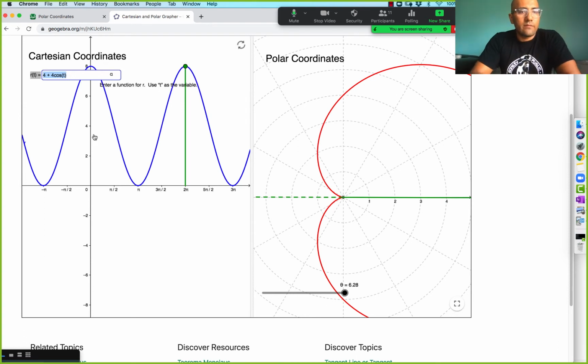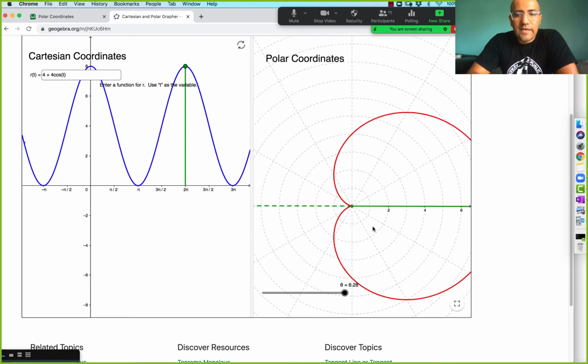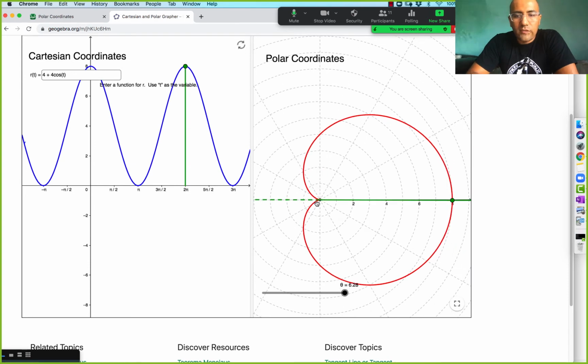Okay, well then that took it. So what happens if we multiply by a 4 plus 4? Okay, so then that just changes this, and it gives us the exact same shape. It's just that it gets a little bit bigger, right? That's what happens if we change those constants.